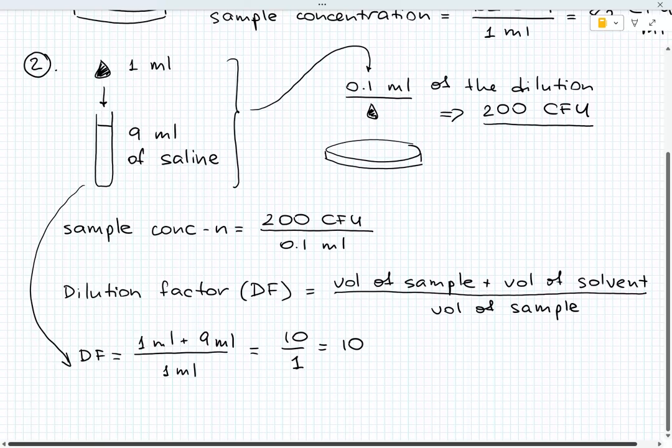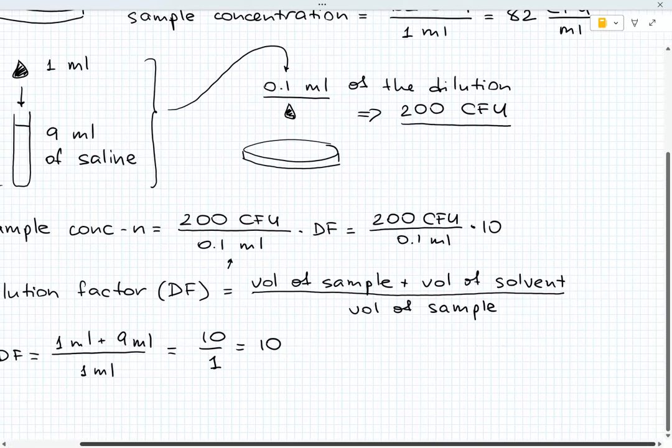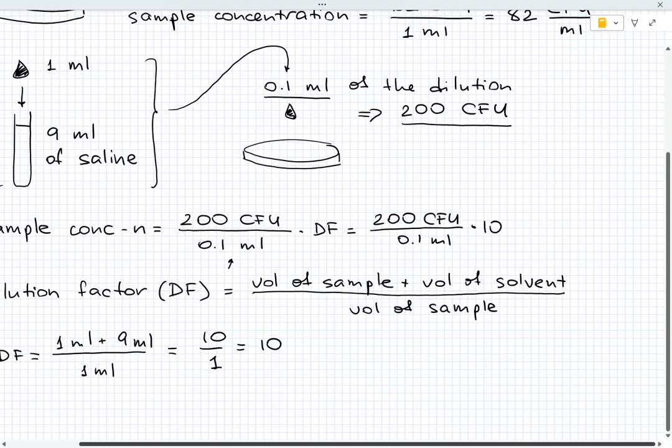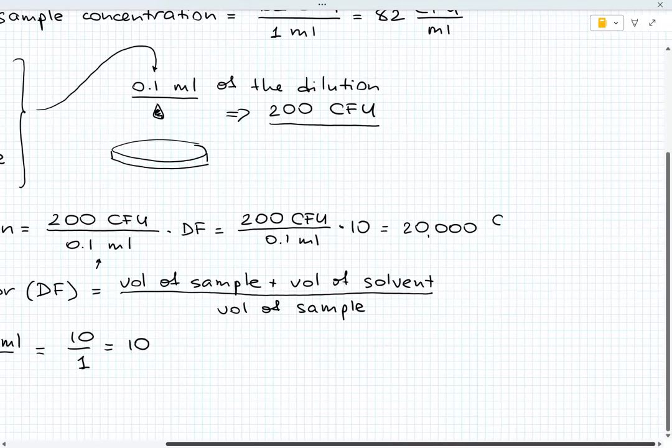So it's 10. Now, in order to calculate the sample concentration, we need to multiply this by the dilution factor. So we're going to multiply this by 10. So if you do all the math, it is 20,000 colony forming units per milliliter.